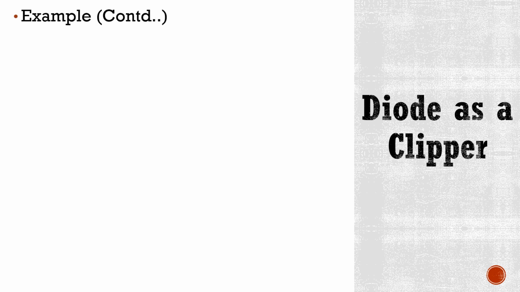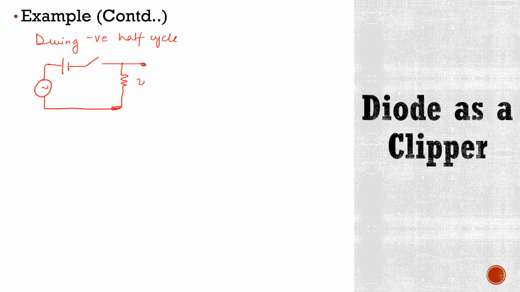Now we will look at this circuit during negative half cycle of the input, and in this condition this diode will be off. So you know that here is V naught, this terminal is positive, this is negative. Here we have V, this is positive, this is negative, and now this terminal of input is negative and this is positive.